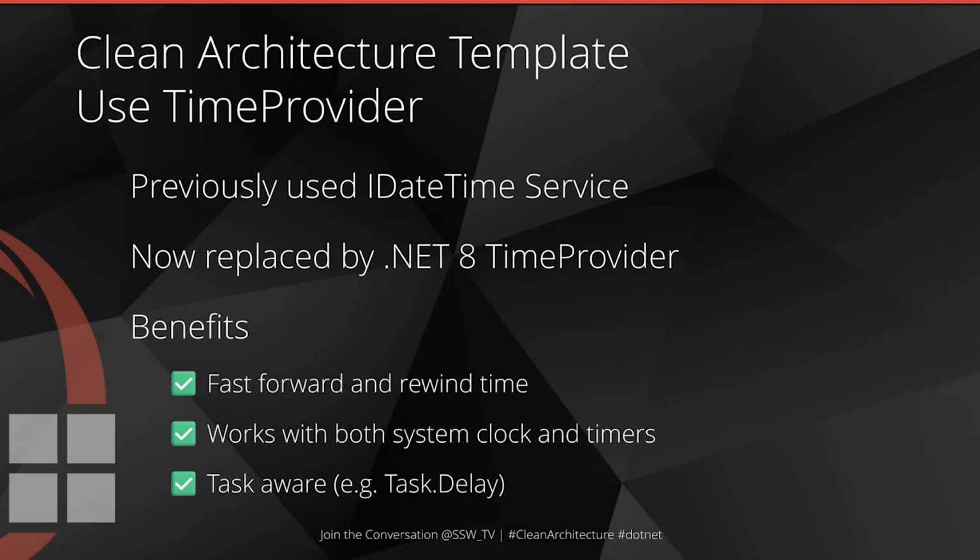That's another nice thing. And it's also task aware. So if you're doing some sort of task delay or anything like that, you can feed in this TimeProvider and it'll be a lot easier to test under the hood. Another thing to call out is that one of the main reasons for adding this TimeProvider is all about unit testing, right? So it just makes that a lot easier.